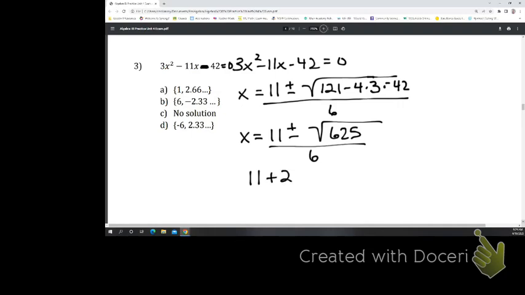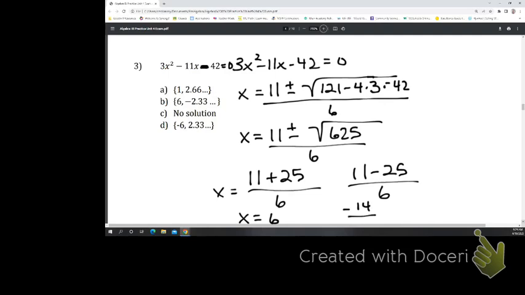So we can do 11 plus 25 divided by 6, and 11 minus 25 divided by 6. So the one on the left, these are all x equals, of course, 36 divided by 6 is 6. This would be negative 14 divided by 6. And that's where we get that messier answer that as a decimal is all those repeating decimals.